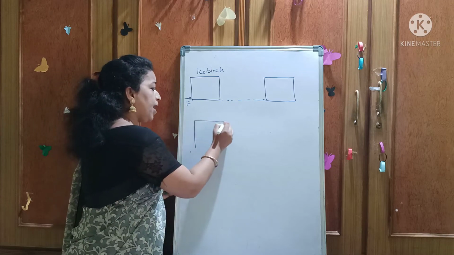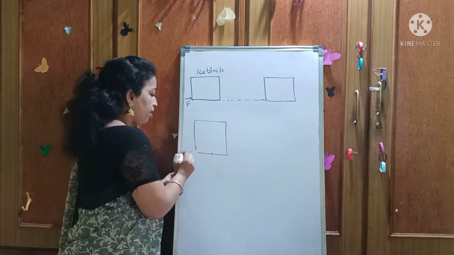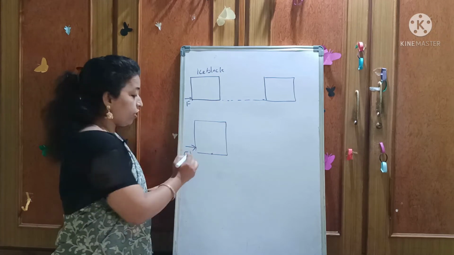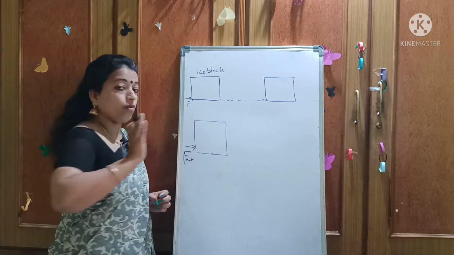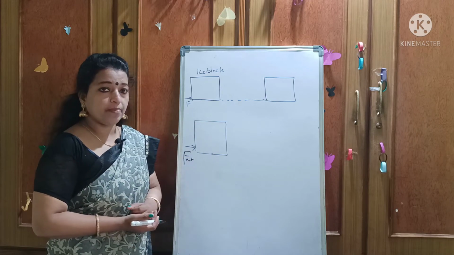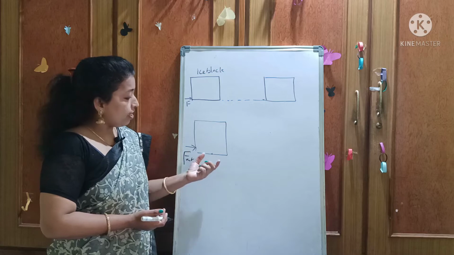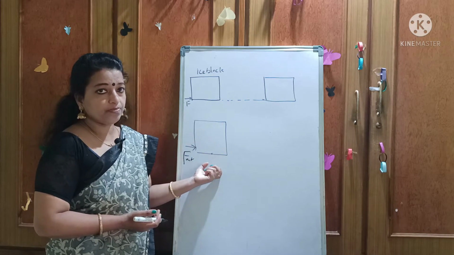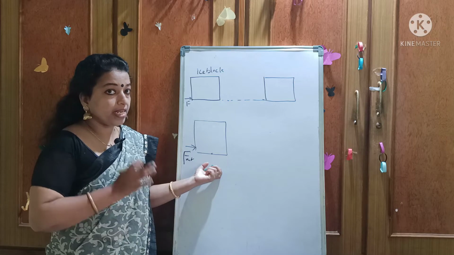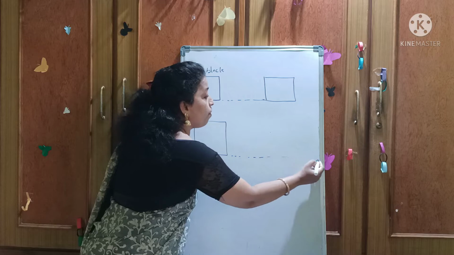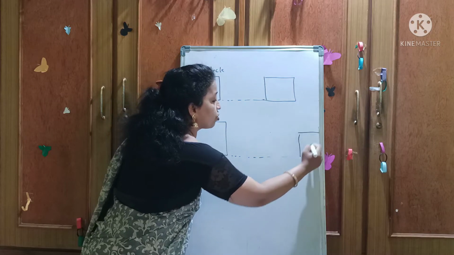Next time, with the same ice block, I increased my net force. With more force, I push the ice block. Now what will happen? Is it the same acceleration for this ice block? No. Here I applied more force, so it will get more acceleration than in the first case.